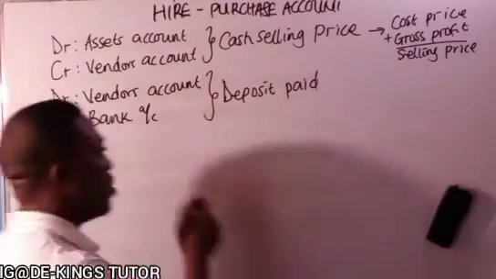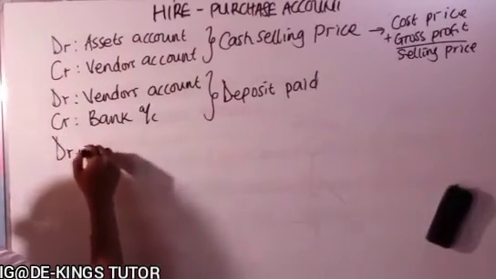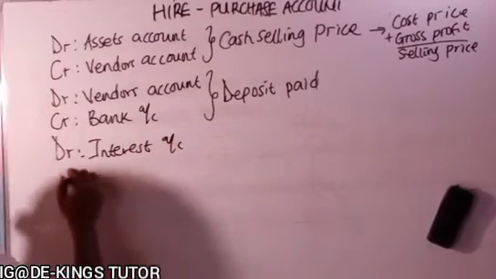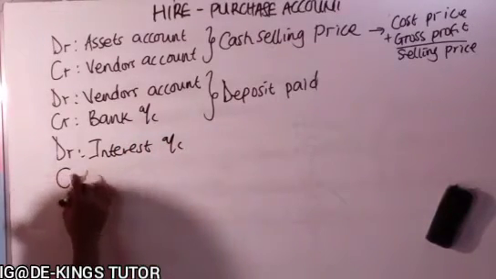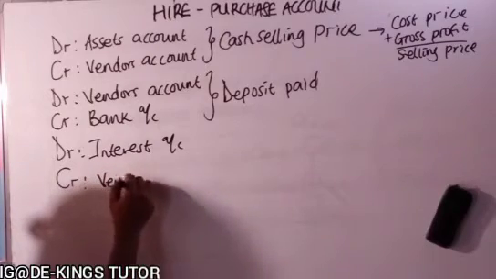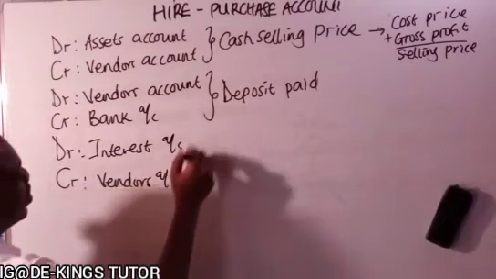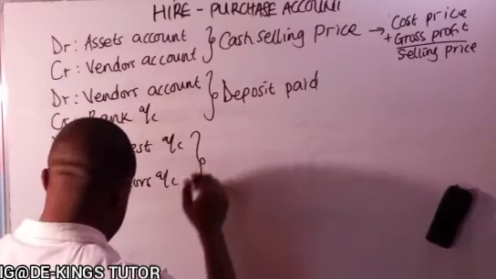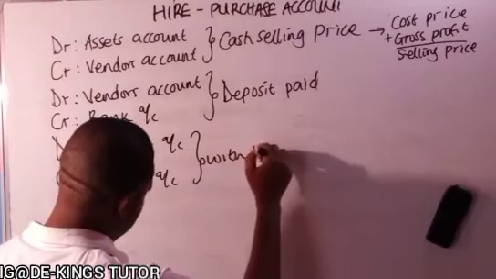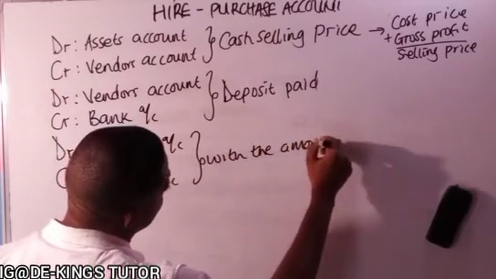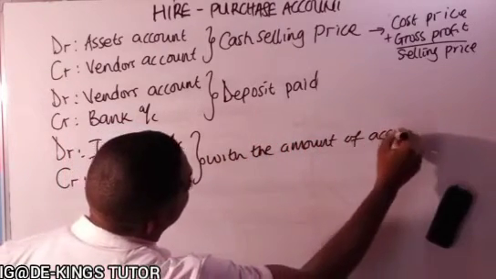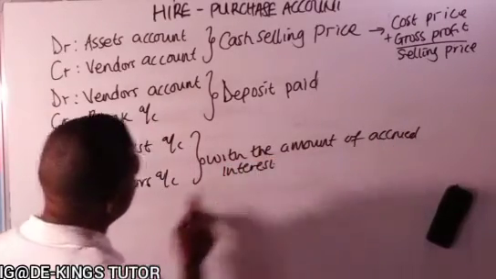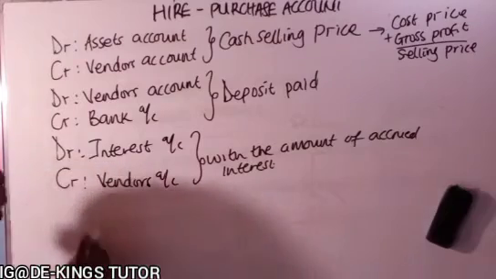That interest account will be debited, while for the credit we go to the vendor's account, with the amount of accrued interest.